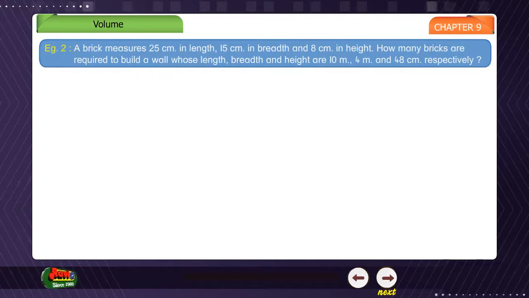Example 2. A brick measures 25 centimeters in length, 15 centimeters in breadth and 8 centimeters in height. How many bricks are required to build a wall whose length, breadth and height are 10 meters, 4 meters and 48 centimeters respectively?